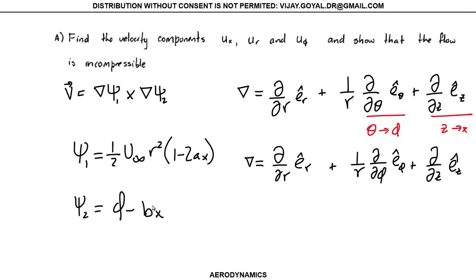These are the two streamline functions. We are going to apply the gradient to each one of them individually, and let's see what we get. So I'm going to take this to the next page.